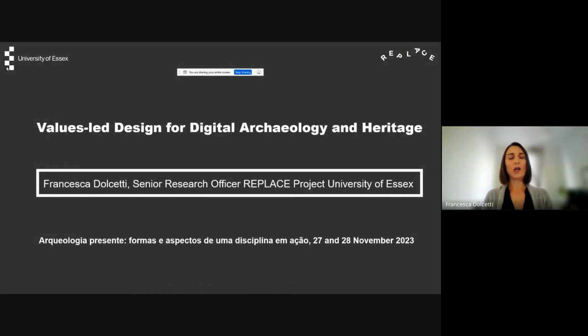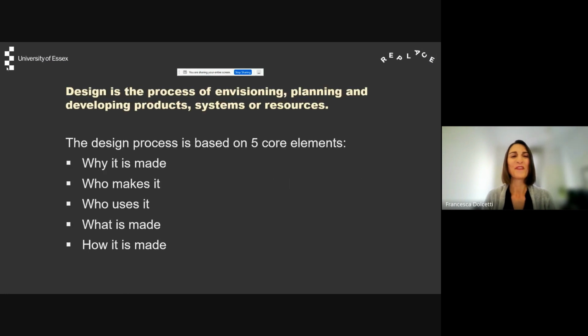Okay, so values-led design for digital archaeology and heritage. What is it? First of all, what do I mean when I use the term design?